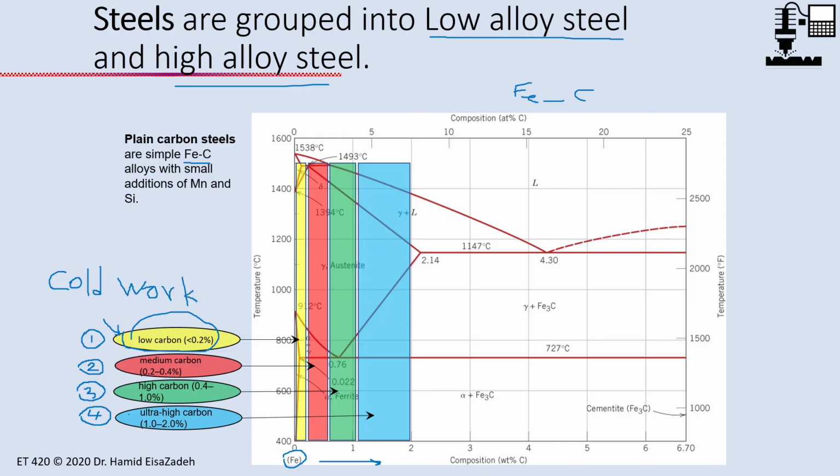Cold working actually can increase the strength of low carbon steel. And the phases that can be seen in the low carbon steel are ferrite and pearlite.